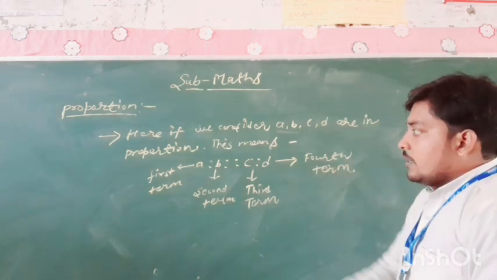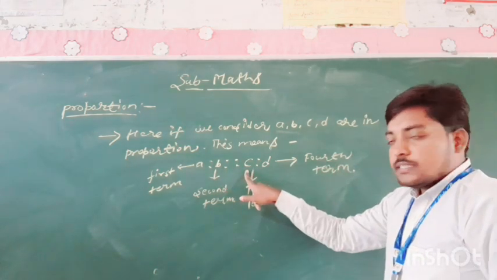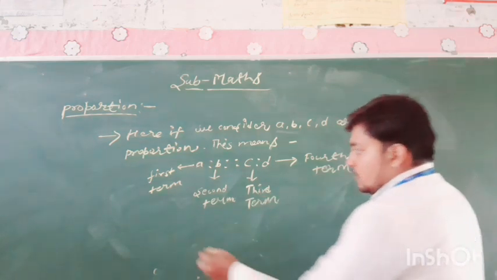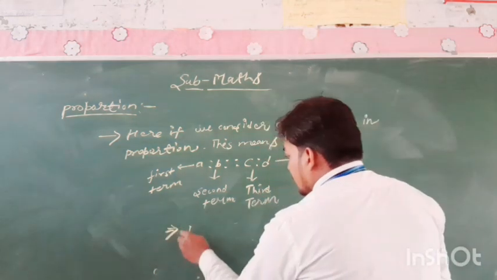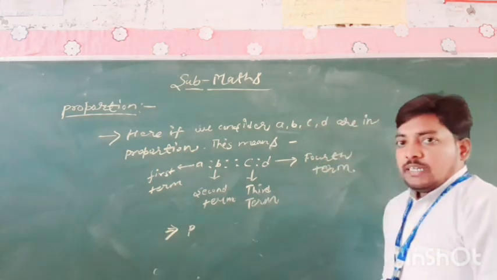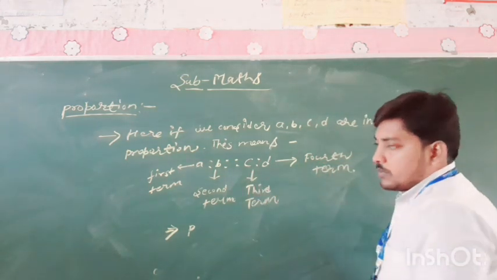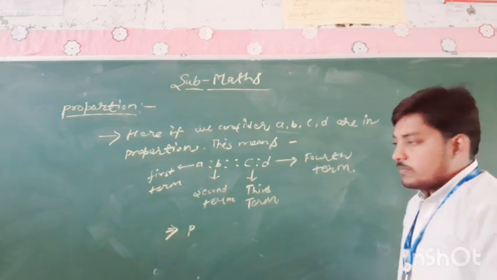And here B and C are middle terms and A and D are extreme terms. So this implies that the product of means is equal to the product of extremes.